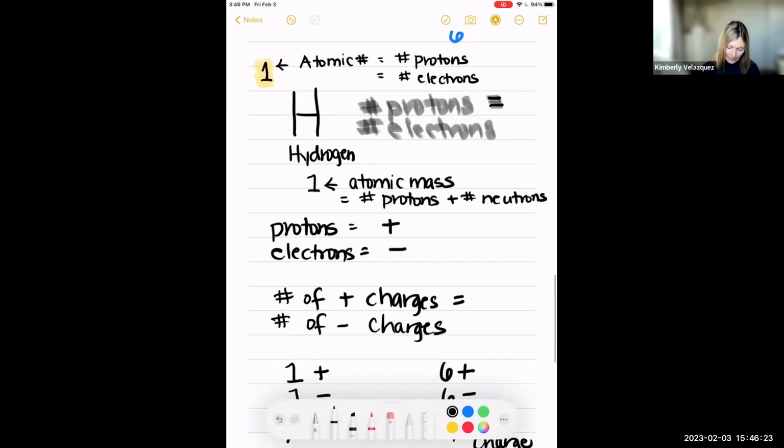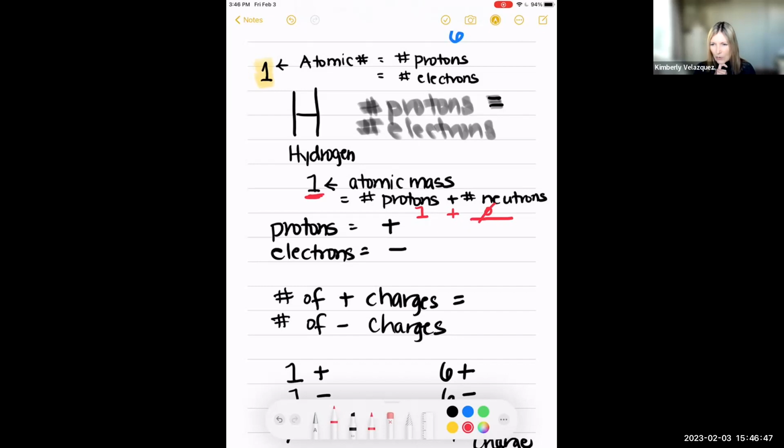It's atomic number 1. So if the atomic mass of 1 equals 1 plus the number of neutrons, how many neutrons does hydrogen have? It has 0. Hydrogen is the only element on the periodic table that does not have any neutrons.